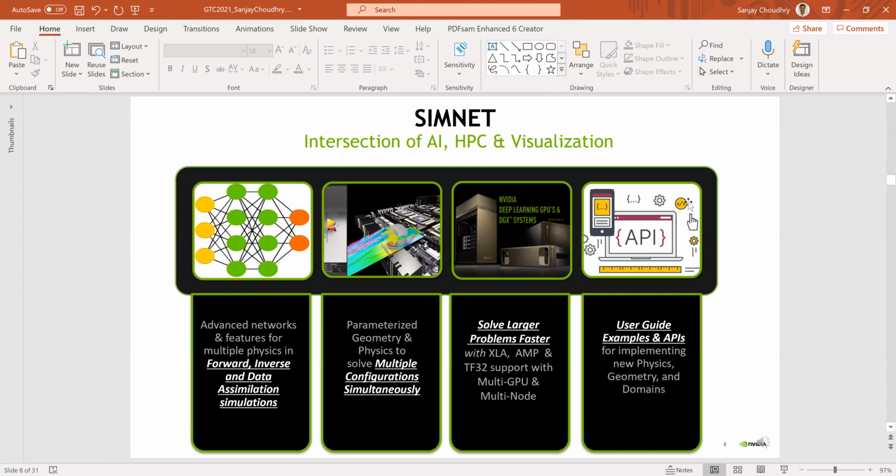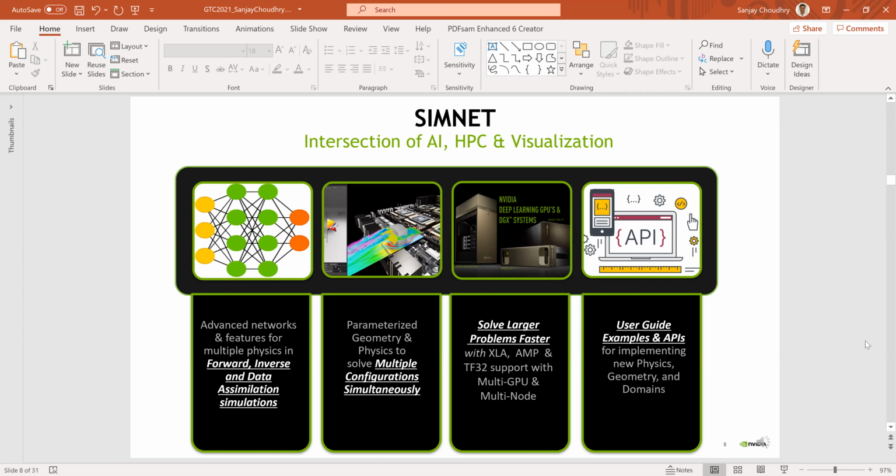And the 4 areas of SimNet development that we have undertaken, which will continue in perpetuity, are, one is the physics, where you're solving different kinds of problems, whether they are forward problems, starting from a problem description going to the end, which traditional solvers also do, or inverse problems, which require some sort of data at the end, and then traditional solvers cannot do that, or data simulation where you have some data and some physics, and basically you're trying to predict all of that.